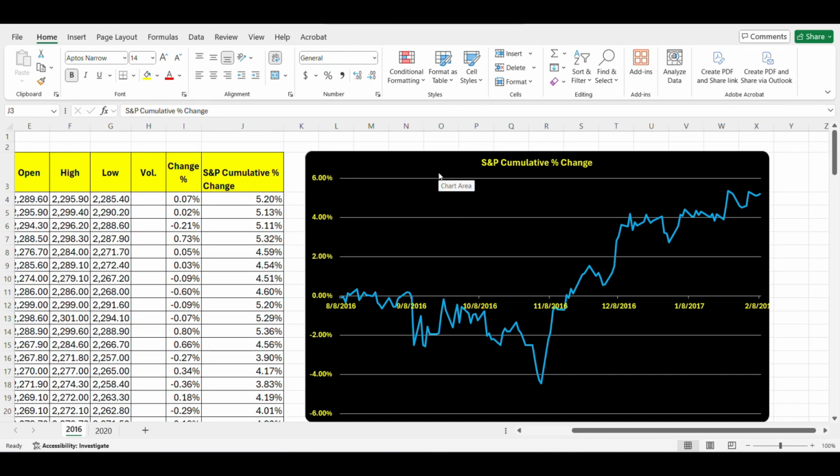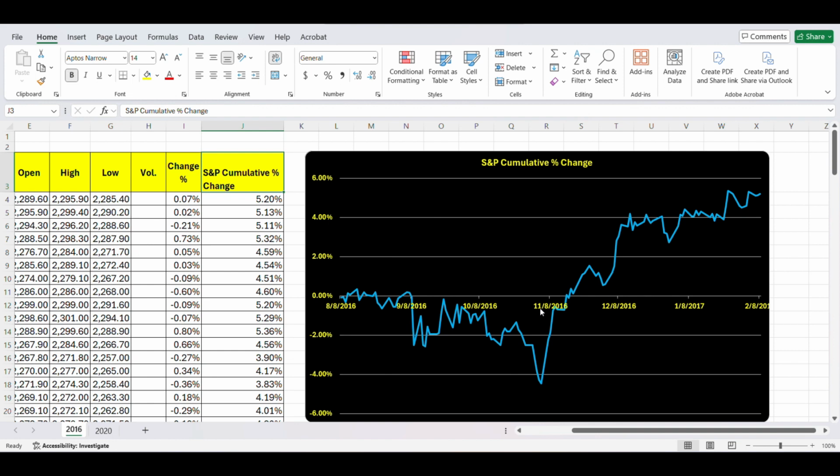I did this analysis for all three major indices, that is S&P, NASDAQ and Dow Jones. Let's start with S&P. I have two tabs, one is 2016, the other one is 2020. 2016 captures S&P stock price movement around the 2016 elections, that is 3 months prior to the elections and 3 months after the elections.